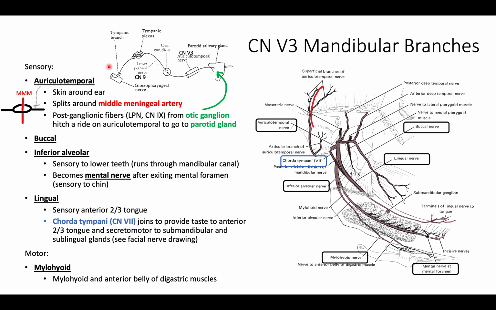So we've got the glossopharyngeal nerve, cranial nerve 9. It's traveling. Here's our tympanic branch going to our tympanic plexus. It becomes the lesser petrosal nerve, and then it's synapsing at the otic ganglion. And then it continues on to the parotid salivary gland, but it's hitching that ride on the auriculotemporal nerve.